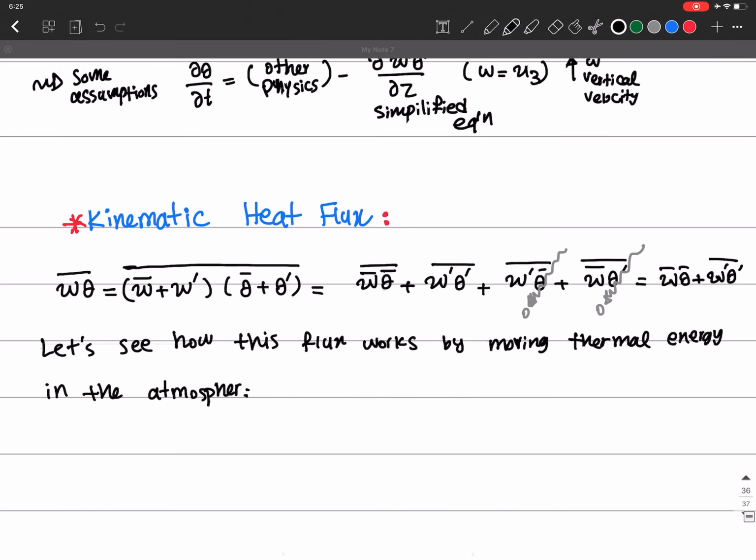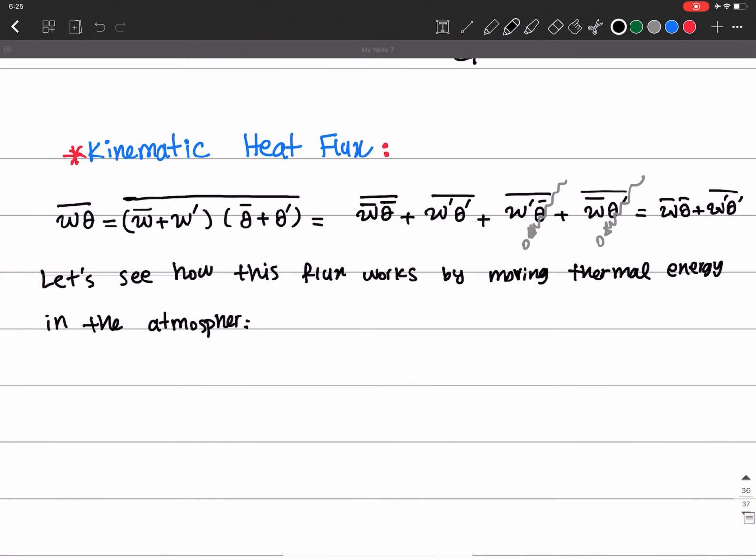So first I want to investigate a nighttime case. Say during nighttime with surface cooling. So we have surface cooling during nighttime.